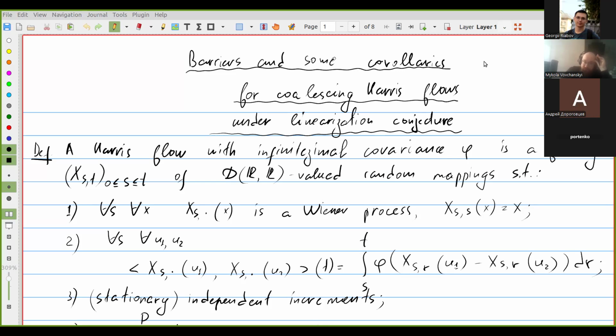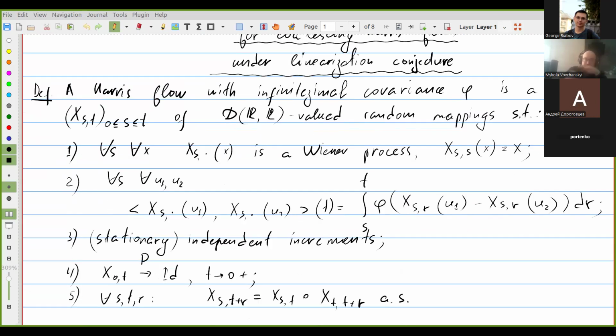So let's recall that a Harris flow with infinitesimal covariance phi is a family of random mappings with values in square space such that everything in particle that starts from X at moment S is just a Wiener process.